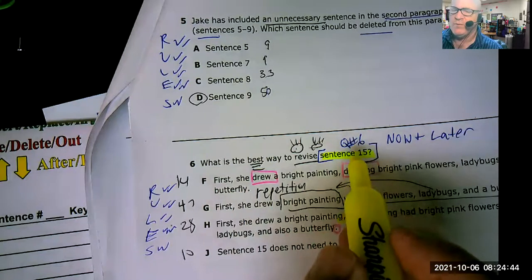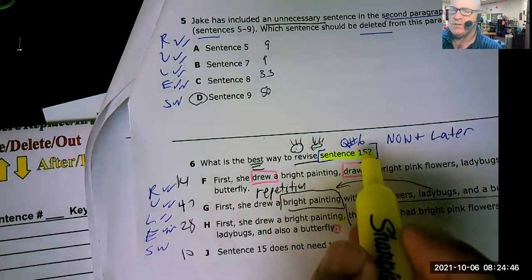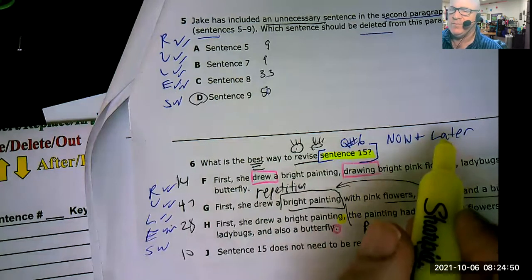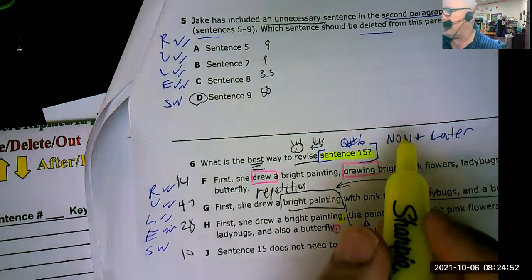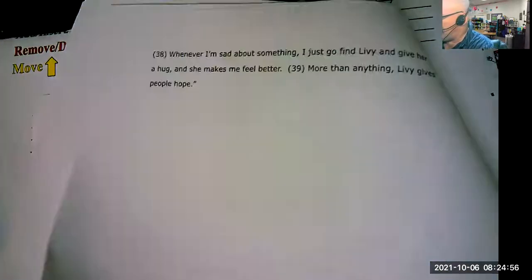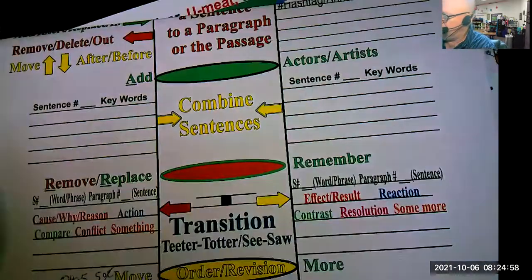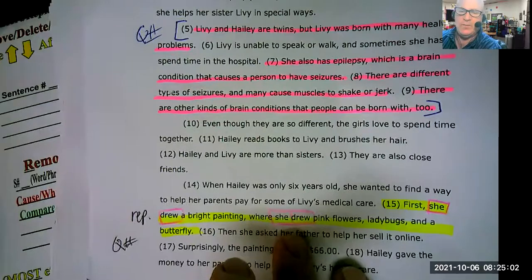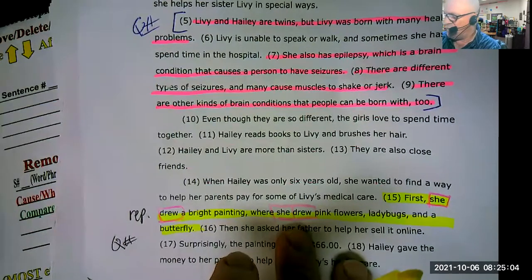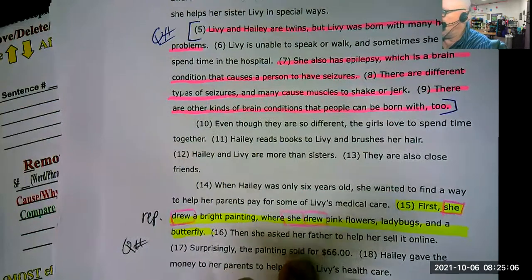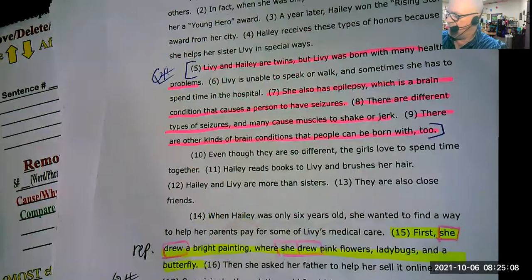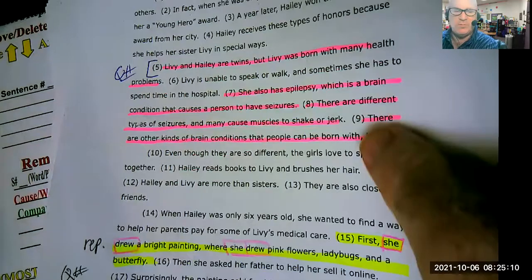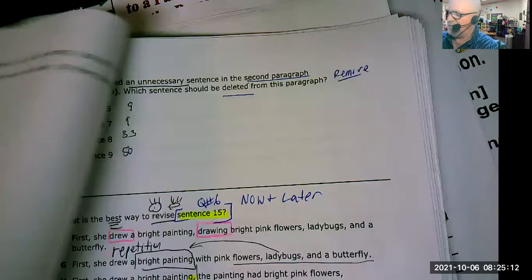We're going to revise, make sentence 15 look better later than it does right now. So sentence 15, as we go back, I've already labeled it in the passage. Question number, what was it? It was question number 6.